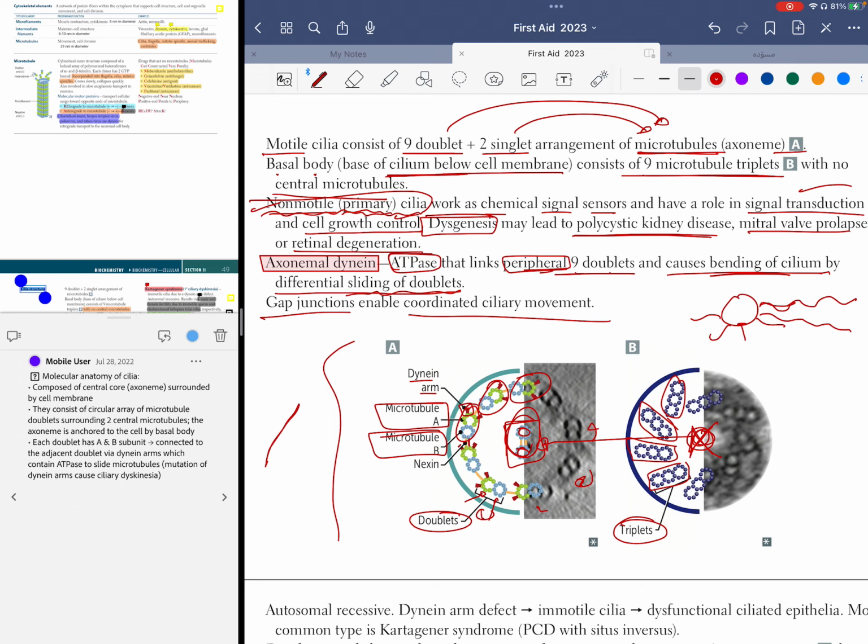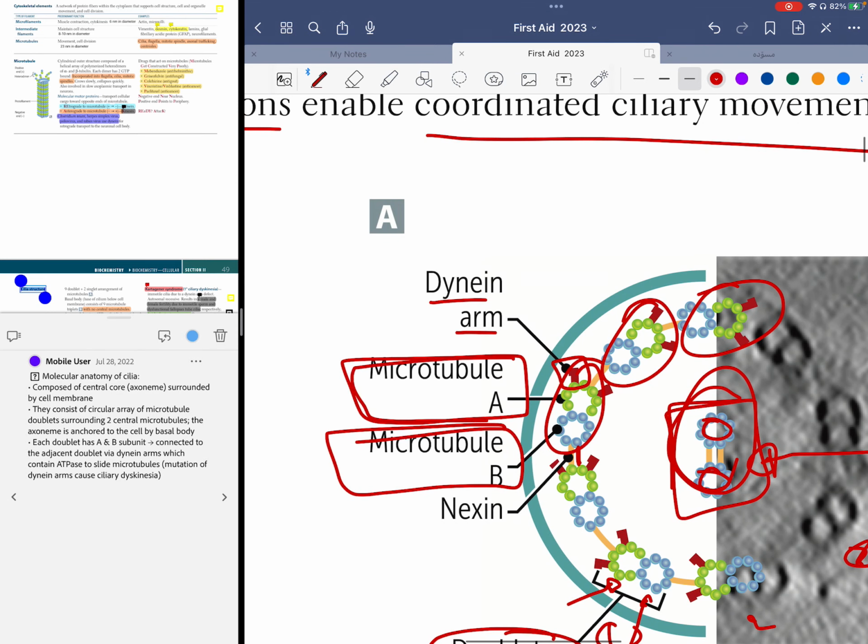This is the A subunit, one circle, and the other one is the B subunit, and they are connected to the adjacent duplet via the dynein arm.